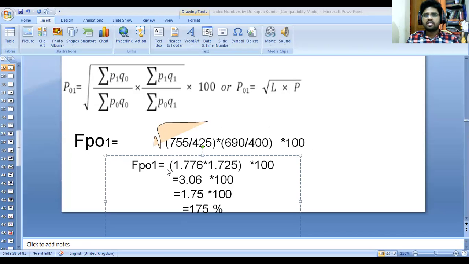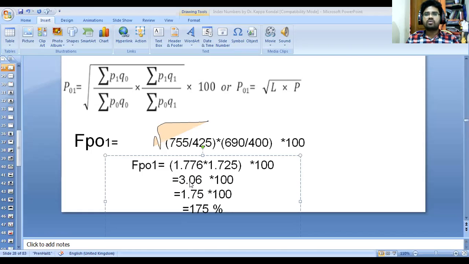When you cancel 755 by 425, you will get 1.776, and when you cancel 690 by 400, you will get 1.725, right? Then multiply these two: 1.776 into 1.725, so you will get under root 3.06 into 100.